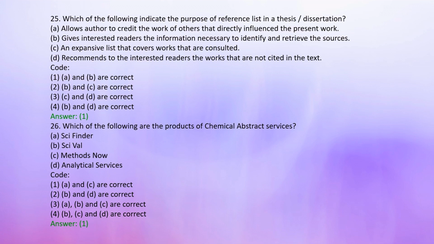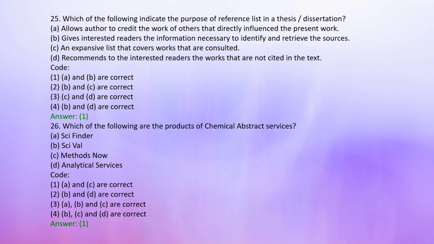Number 25. Which of the following indicate the purpose of reference list in the thesis or dissertation? Options A, allows author to credit the work of others that directly influenced the present work. B, gives interested readers the information necessary to identify and retrieve the sources. C, expansive list that covers works that are consulted.